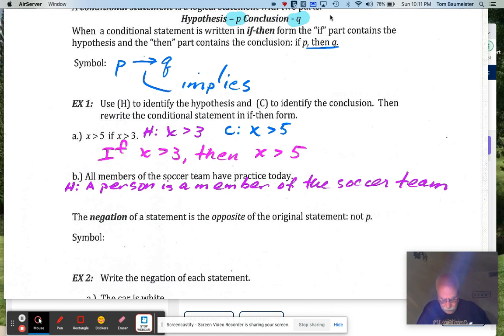The conclusion would be a person has practice today.